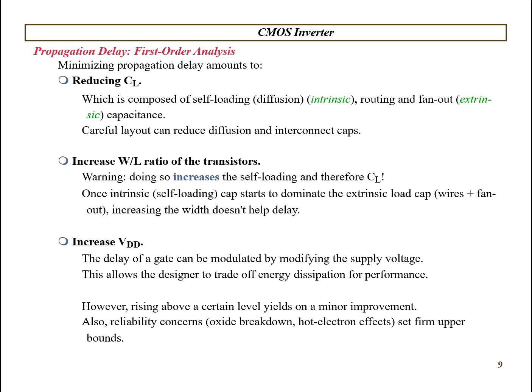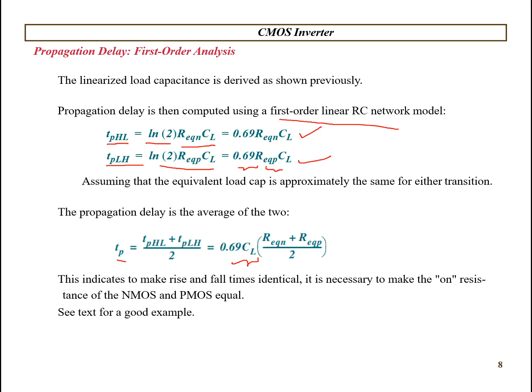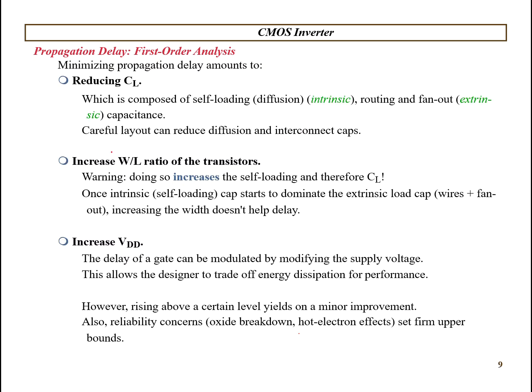Thus, if you want to reduce the propagation delay, from this equation we need to reduce the load capacitance. And this can be done by increasing the W/L ratio of the transistors. In the load capacitance that we already discussed earlier, CL is proportional to Kn', hence proportional to W/L.